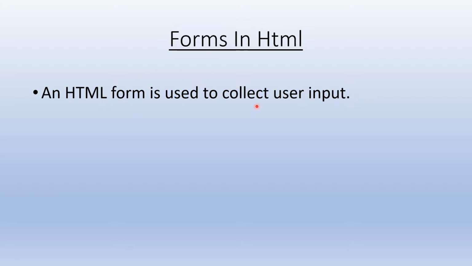Forms. So what type of data do we collect from the user? We collect information like name of the user, address of the user, mobile number, gender, qualification, hobbies, etc. So all this data will be collected using what? Forms.